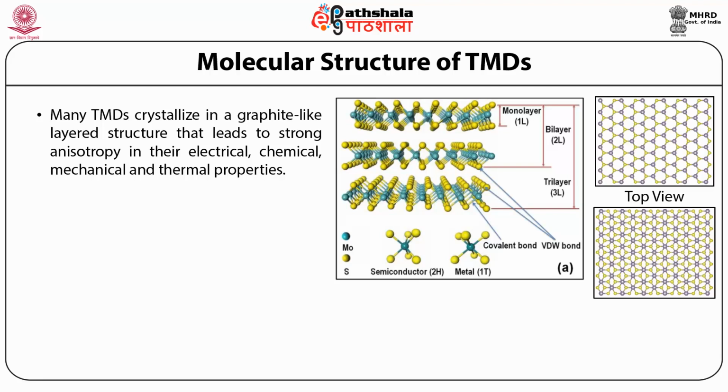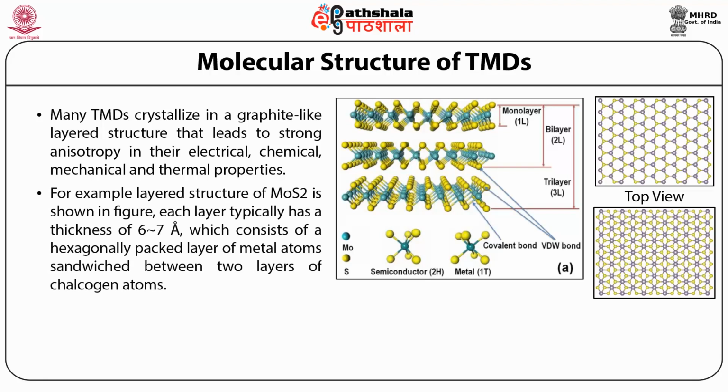Group 4 to 7 TMDs in the periodic table are predominantly layered, whereas some of the group 8 to 10 TMDs are commonly found in non-layered structure.